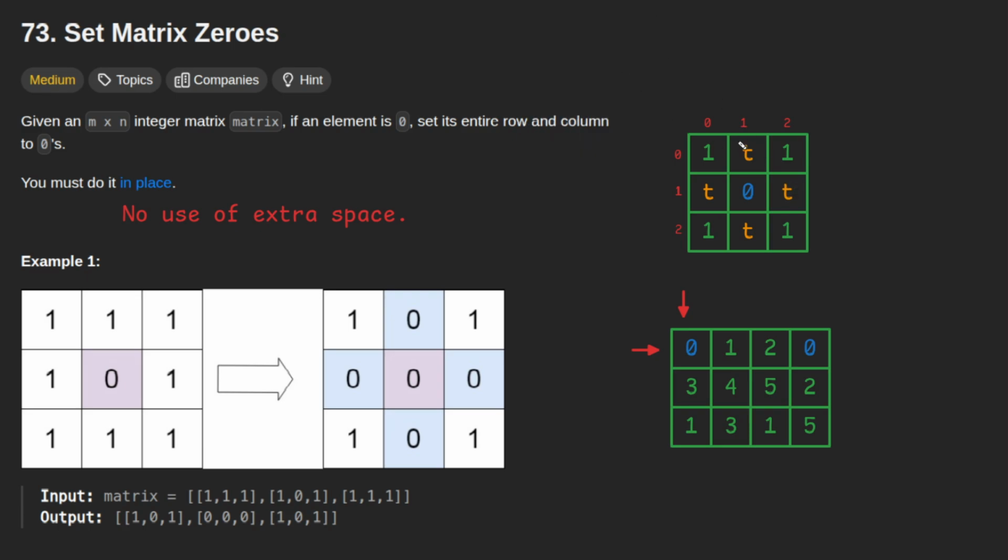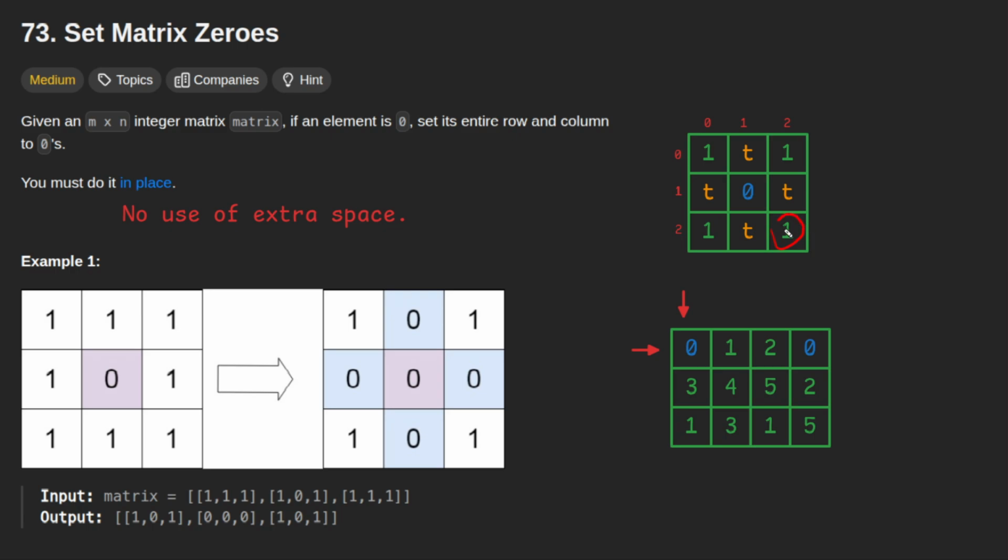Now I have visited 1 1 and done the transformation. Now when I visit 1 2, I again say that no, it is not 0, we can move on. Then at 2 0 we see that it is not 0, we move on.